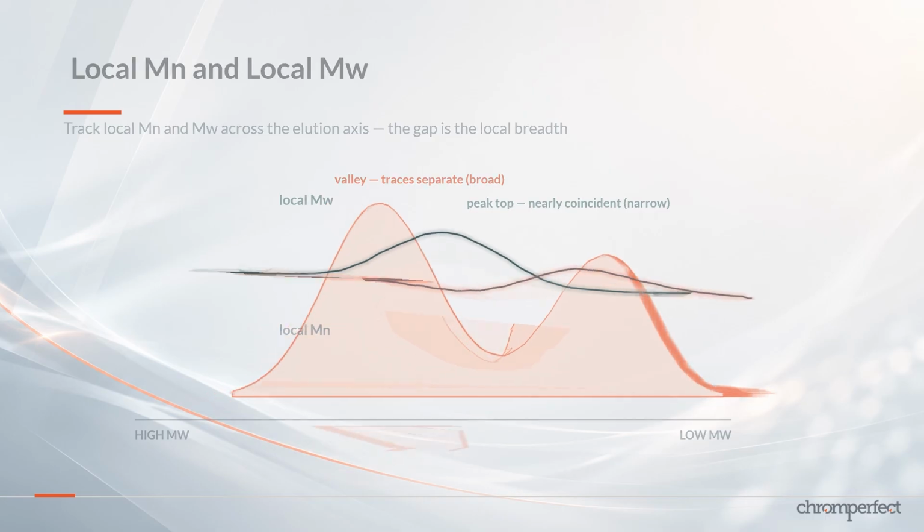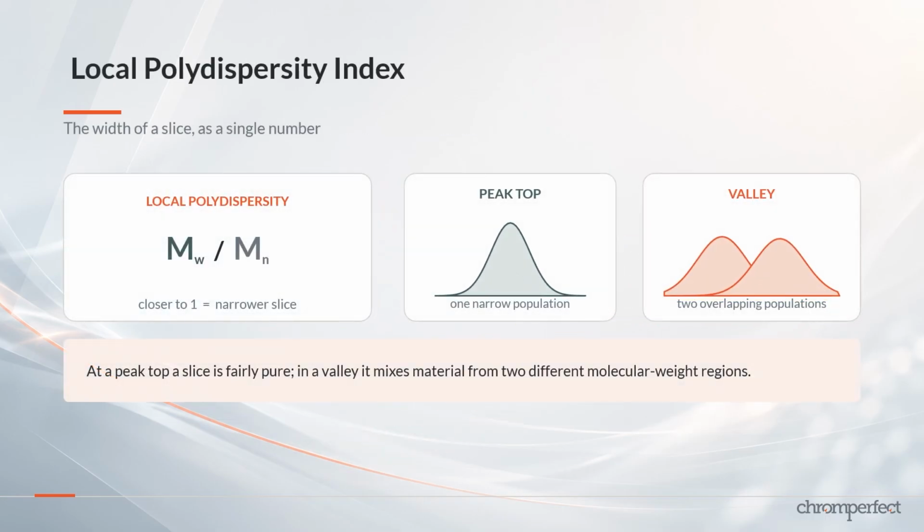The ratio of the local Mw to local Mn provides a local polydispersity index. In regions near a chromatographic peak top, there is relatively little contamination from material on either side. The local fraction may therefore appear comparatively monodisperse.